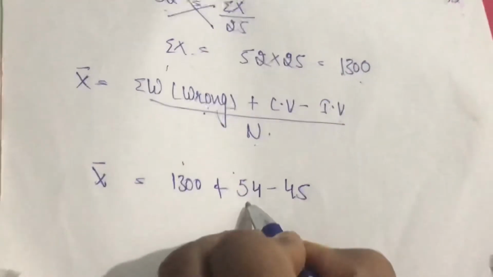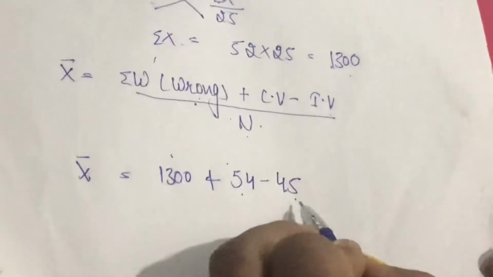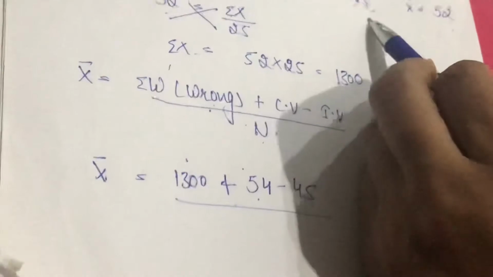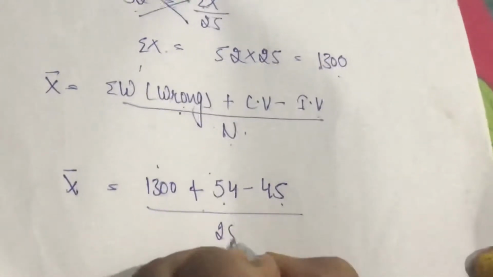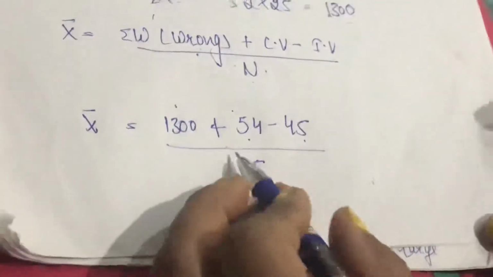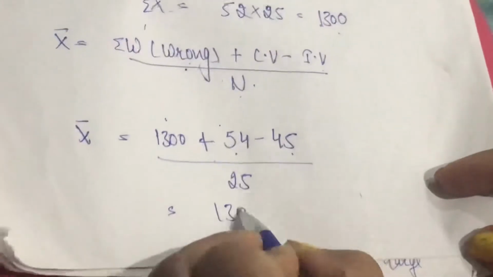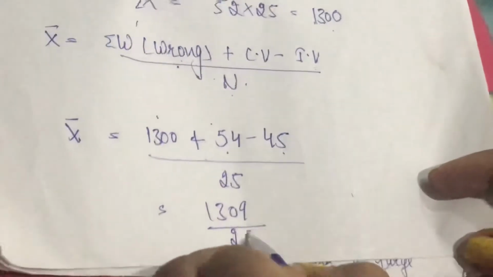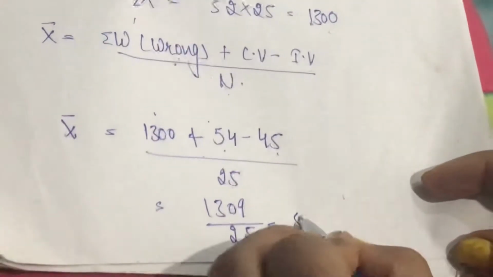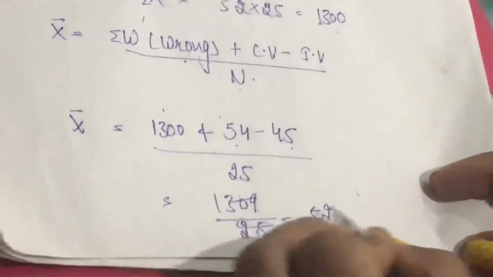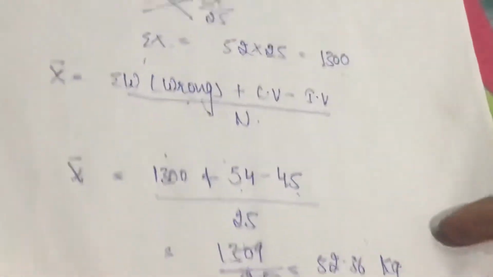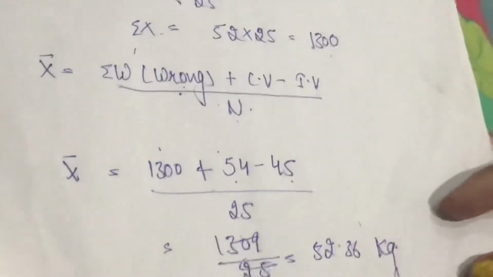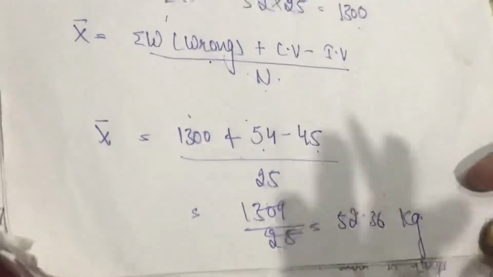So you will add the corrected value and subtract the incorrect value. Number of students will remain the same, that is 25. So by calculating it we will get 1309 divided by 25. By dividing it we will get 52.36 kg. So this is the simple numerical of this topic.